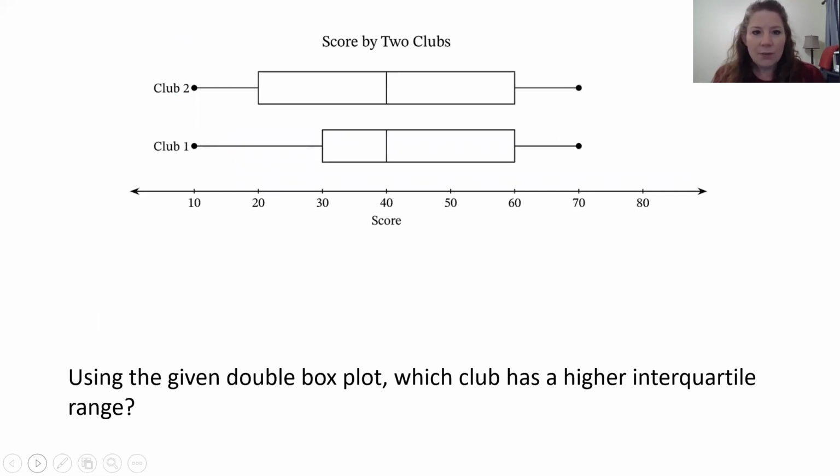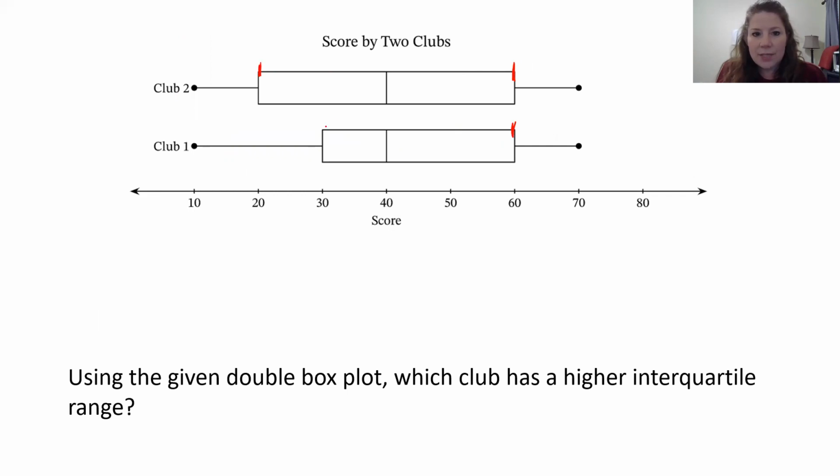All right, it says given, so here we have scores by 2 clubs. Club 1 and club 2, whatever they were playing, they were giving scores. Given the double box and whisker plot, which club has a higher interquartile range? Remember that interquartile range is the difference between quartile 3 and quartile 1.